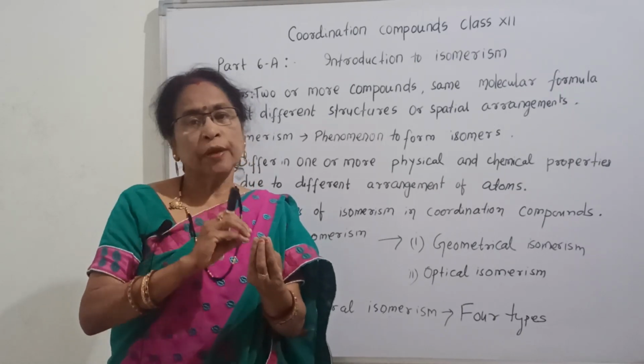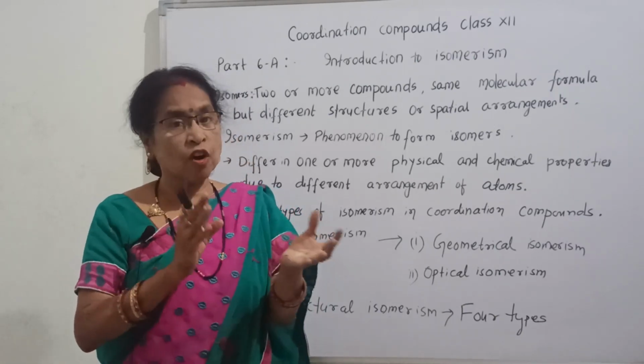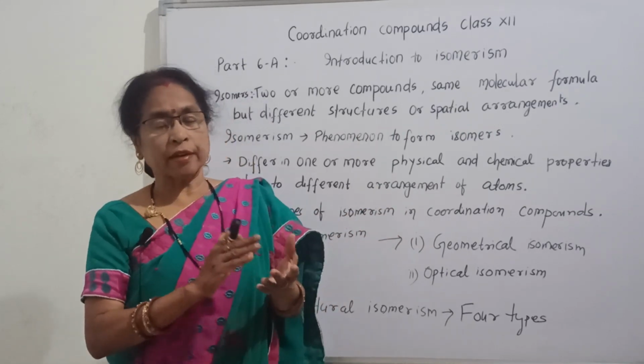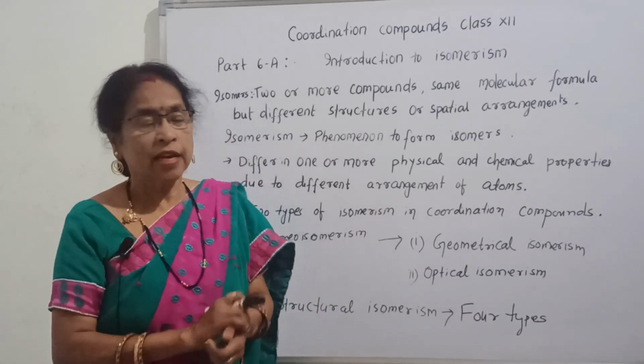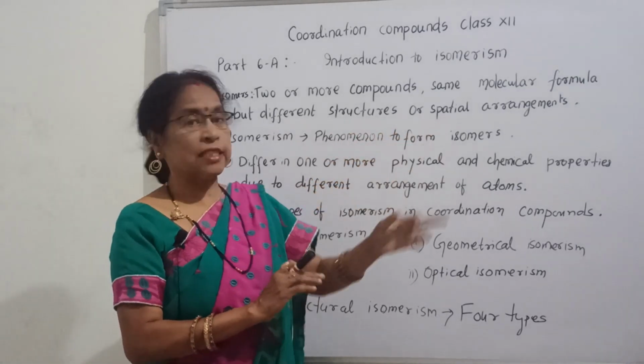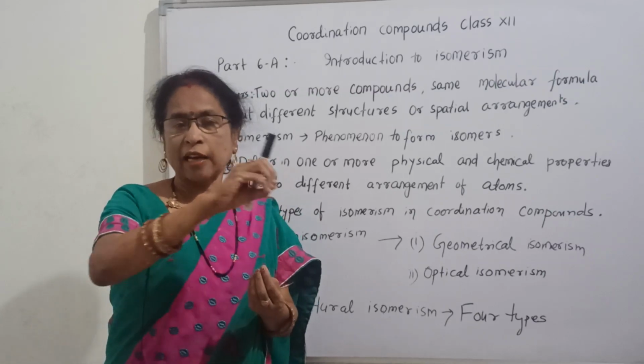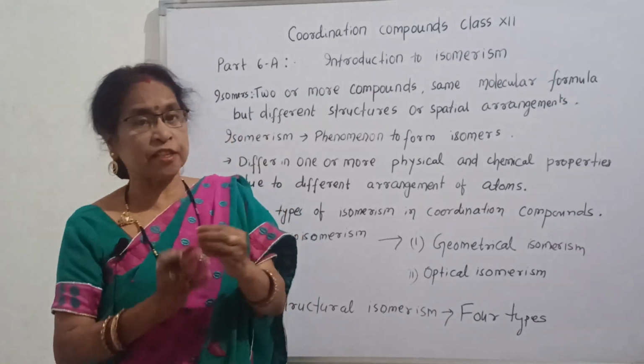You know, if the coordination number is 6, the structure is octahedral. If the coordination number is 4, it may be tetrahedral or square planar. That means it depends on the spatial arrangement of atoms, if atoms are arranged in space.